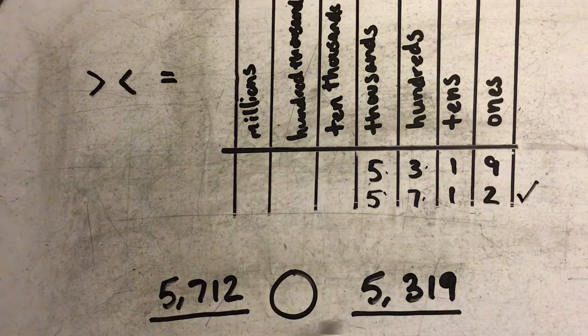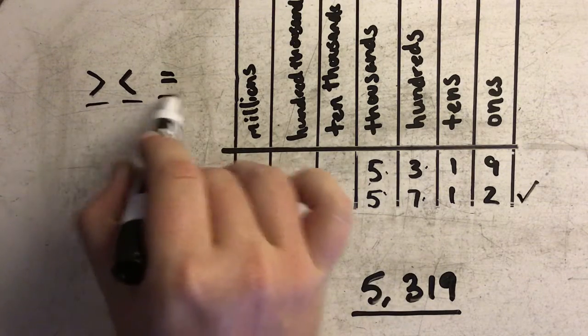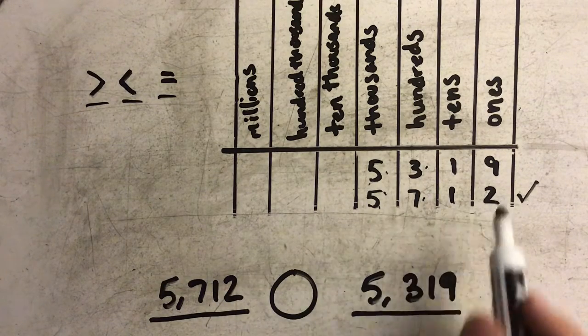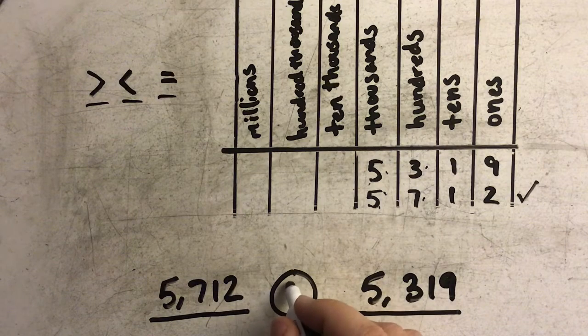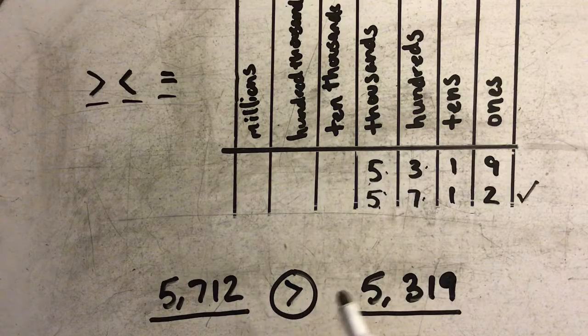So I need to look at my number sentence here to see how I'm going to plug a symbol in. It's going to be one of those three symbols. So let's take a look. Since I know that 5,712 is greater, I'm going to put the greater than symbol in between. One way that you might remember that is that the greater than symbol kind of looks like an alligator mouth, right?